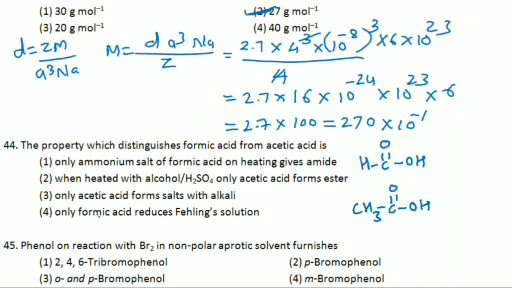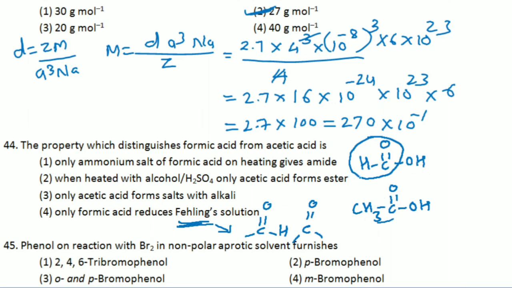But only formic acid reduces Fehling's solution. Remember, Fehling's solution is reduced by an aldehydic group like this or a ketonic group like this. Now you can see formic acid is the one which has both groups, an aldehydic group and a carboxylic acid group. But here it does not have an aldehydic group.